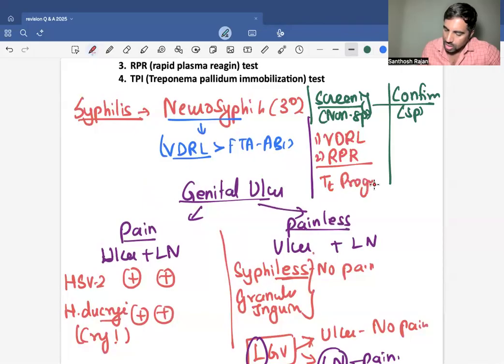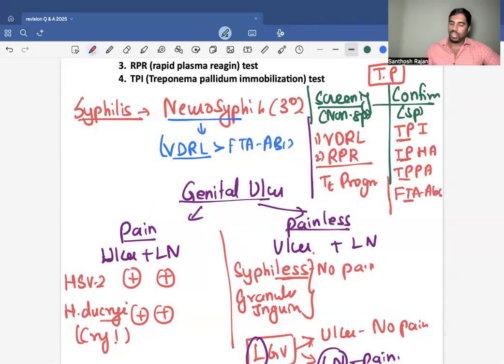This is the best, but the other things are confirmatory. We're talking about Treponema pallidum, so confirmatory tests should be TPI, then TPHA, Treponema pallidum hemagglutination, and TPPA, Treponema pallidum particle agglutination. The last one is FTA-ABS. Here also you have T. So wherever T is there, they are confirmatory tests, that is, once positive, always positive. But for VDRL and RPR, based on the titer, we can say the treatment prognosis. That's it. So this is the basics.